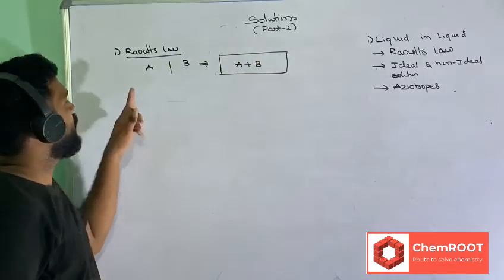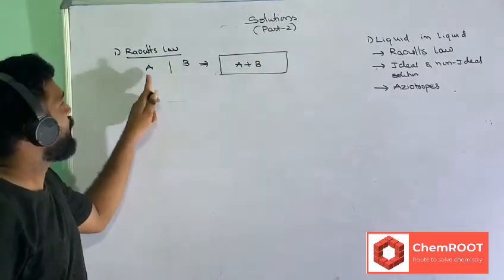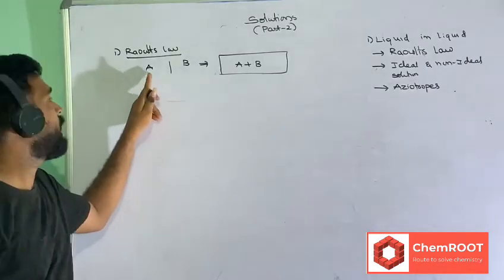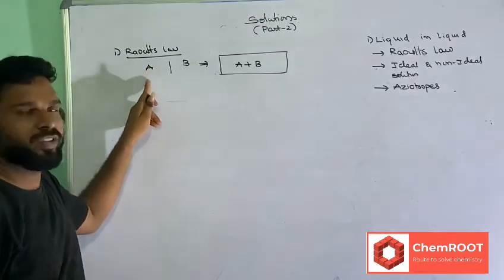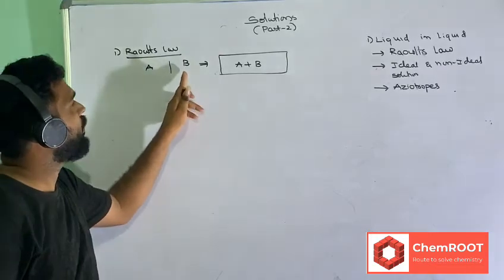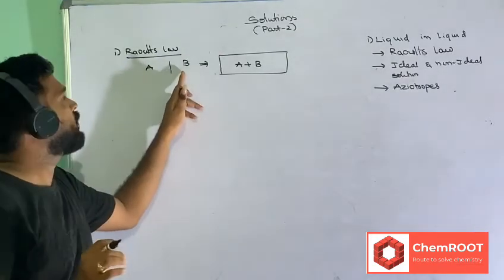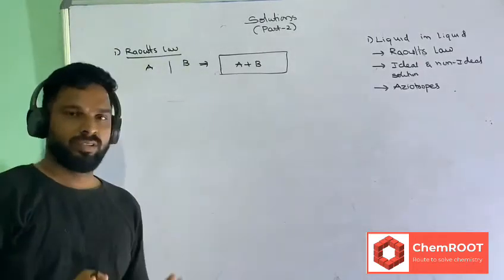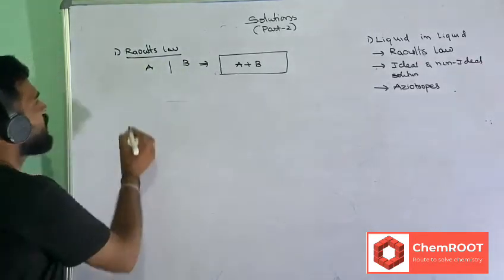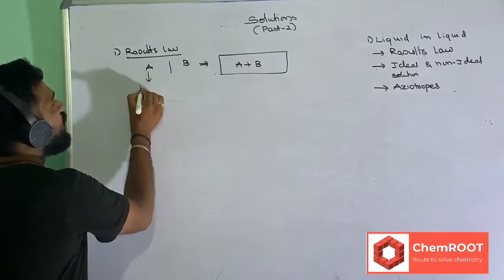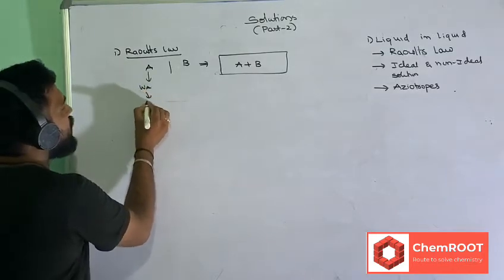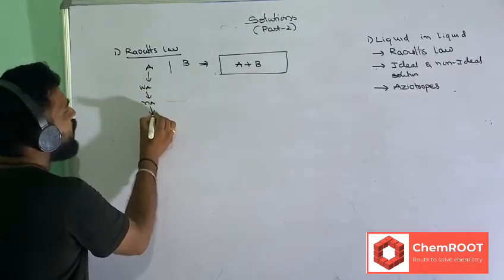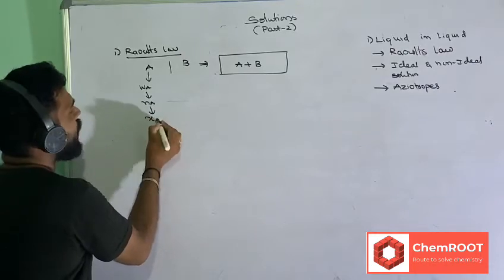Here the vapor pressure of volatile liquid A is directly proportional to its mole fraction, and the vapor pressure of volatile liquid B is directly proportional to its mole fraction in solution. So that is Raoult's law. Suppose we take W_A grams with number of moles n_A, then its mole fraction will be chi_A.